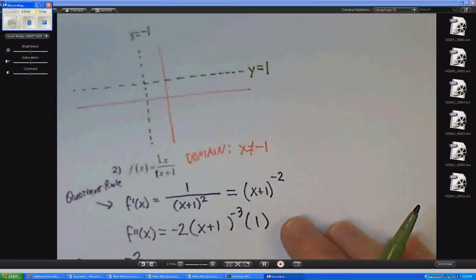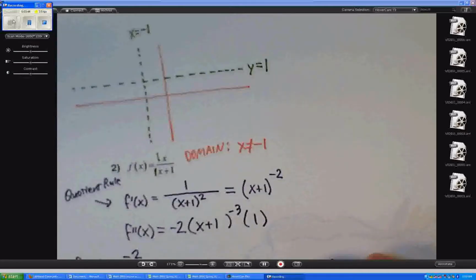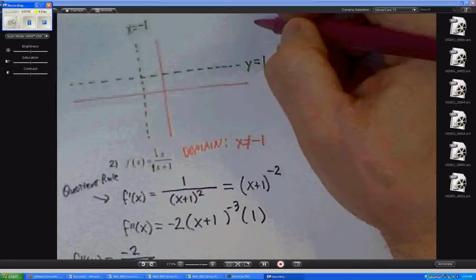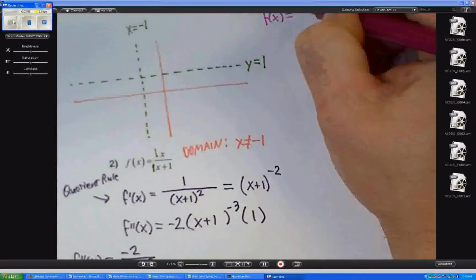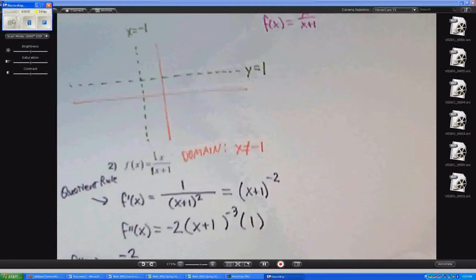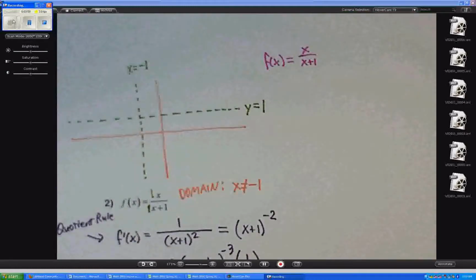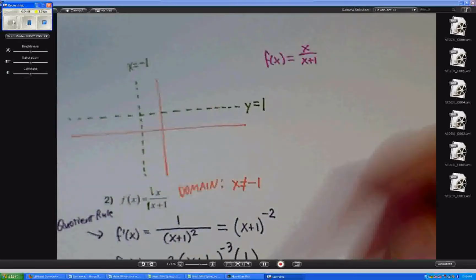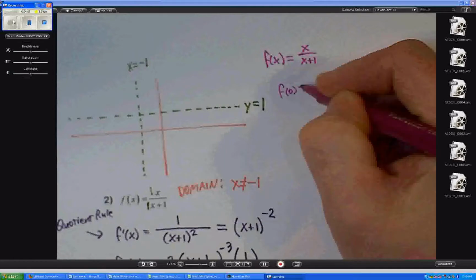Like, if you were going to plot this function, maybe I'll plot it in red. So let me just write, f of x is x over x plus 1. Can you give me a point that you know is on that graph and you would plot right away? Sure, put in 0. What do you get for an output? F of 0 is 0, so that's this point.